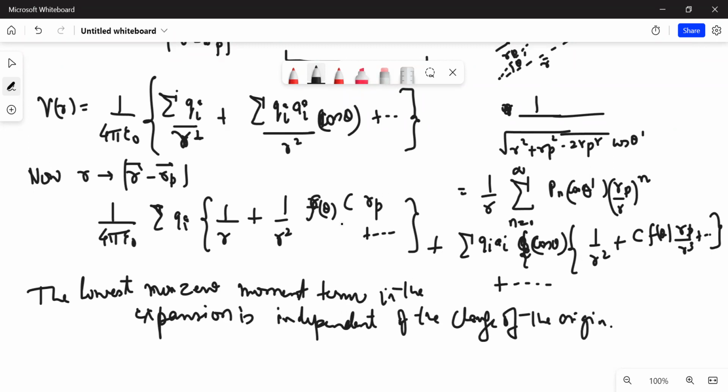Clearly your r_p vector is associated with term 1 upon r². So you can say that here 1 upon r² is there. So there is one term which contains a sort of dipole kind of variation.